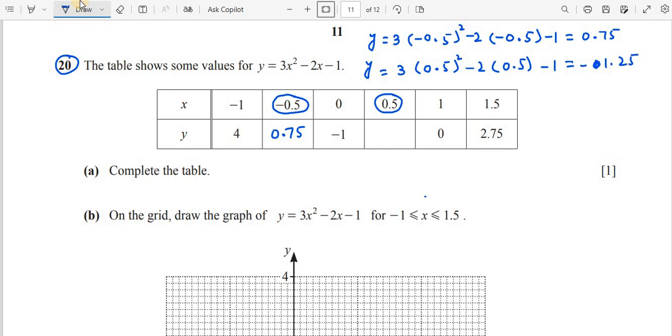So here the value is minus 1.25. Part A is complete. And part B, on the grid, draw the graph of y is equal to 3x squared minus 2x minus 1. The range is minus 1 to 1.5.